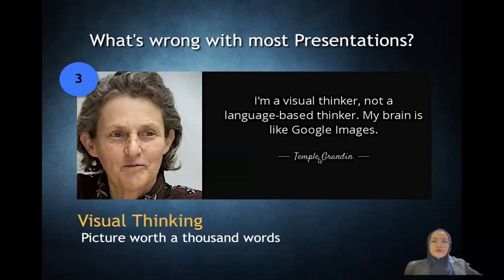She's quite popular, you can search her out. She admitted that she's a visual thinker, and some of our friends and students are also visual thinkers. If you teach them using just text without any support of visual images or photos, they will become less interested in your teaching.